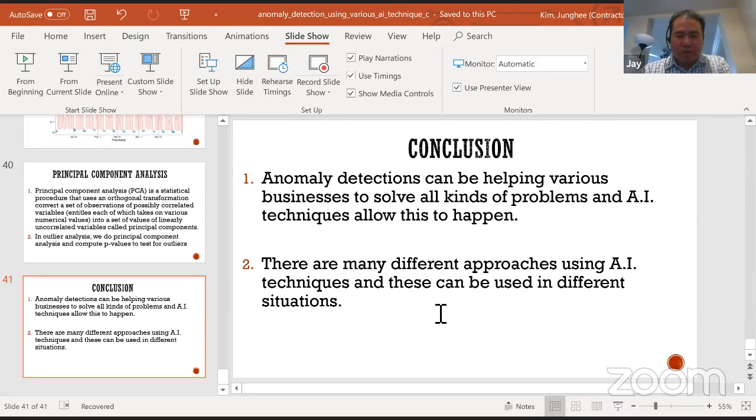And there are many different approaches in AI. So if you know what kind of techniques you can use in what kind of situation, then maybe we can do a really good job. So I think knowing what technologies are available is very important for solving these kinds of problems.